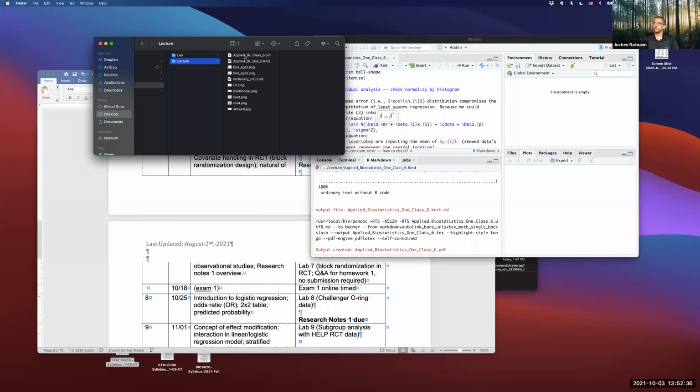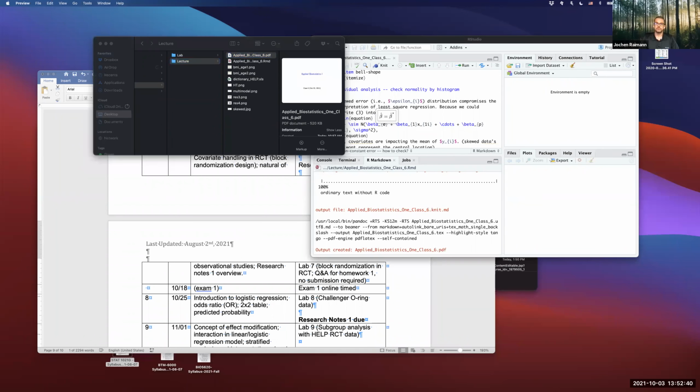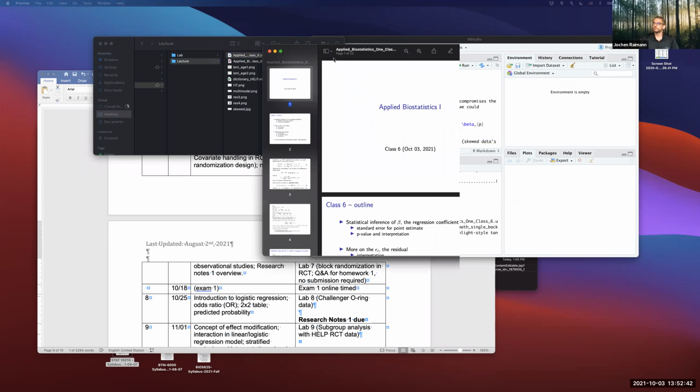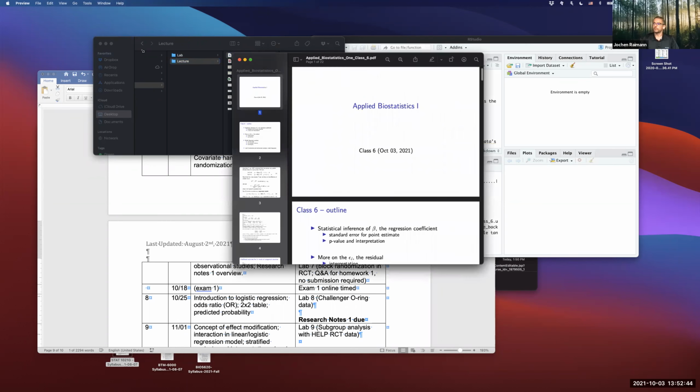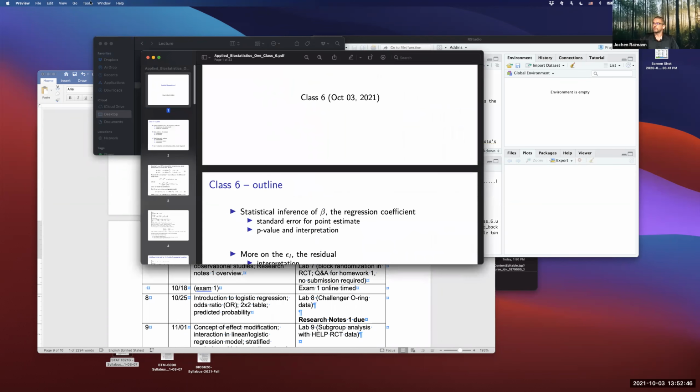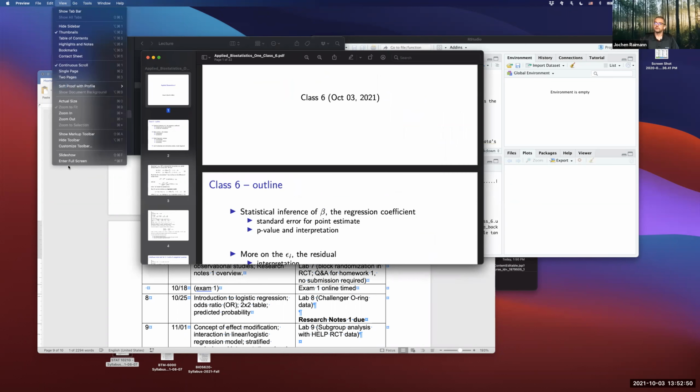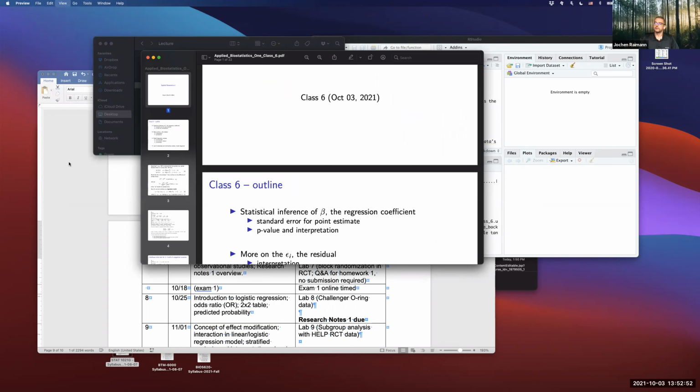Okay. All right, so now let's open the PDF. Here we go, that's the PDF. So class 6 on October 3, that's today. It should actually be October 4, but okay.